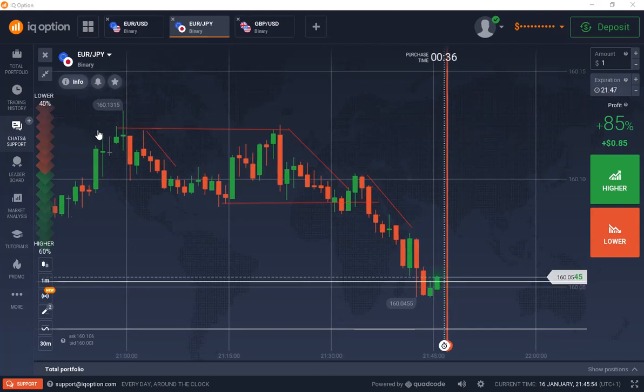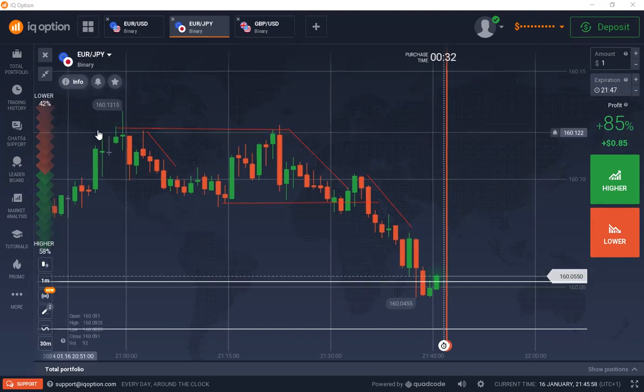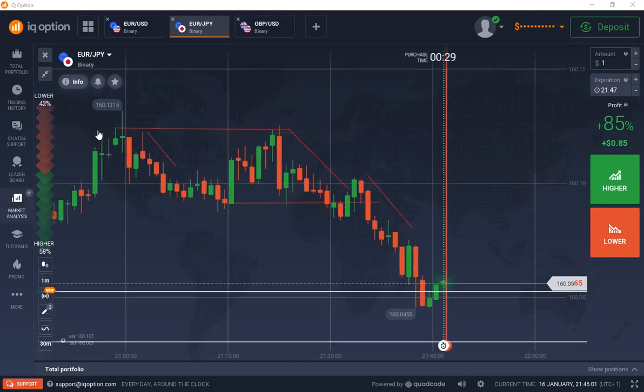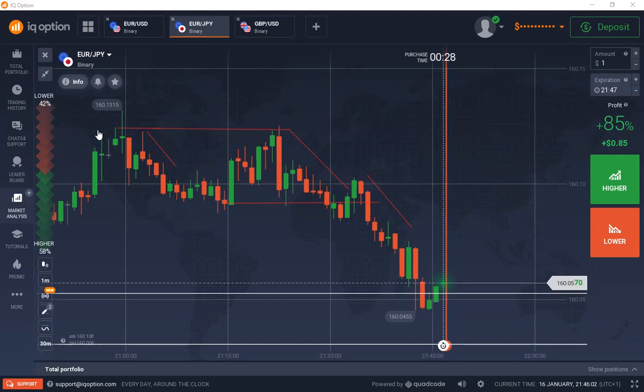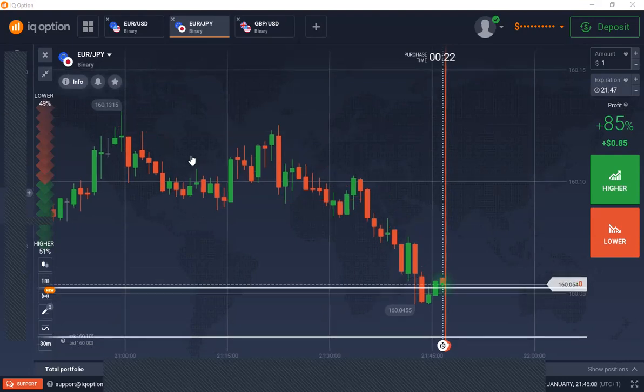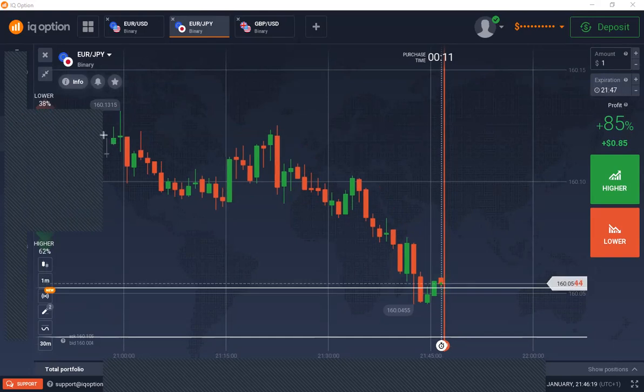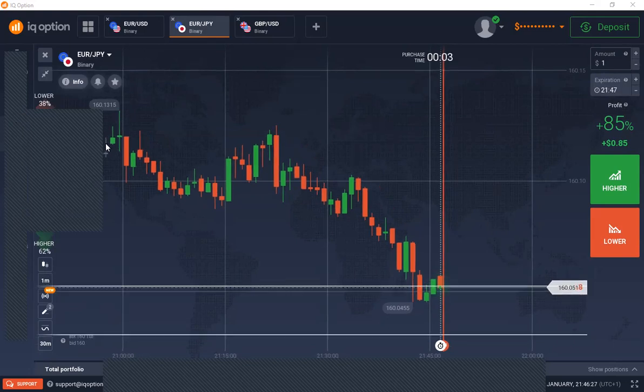Now, when we are talking about support and resistance area, I'm talking about a level or a particular reversal point that has many rejections.